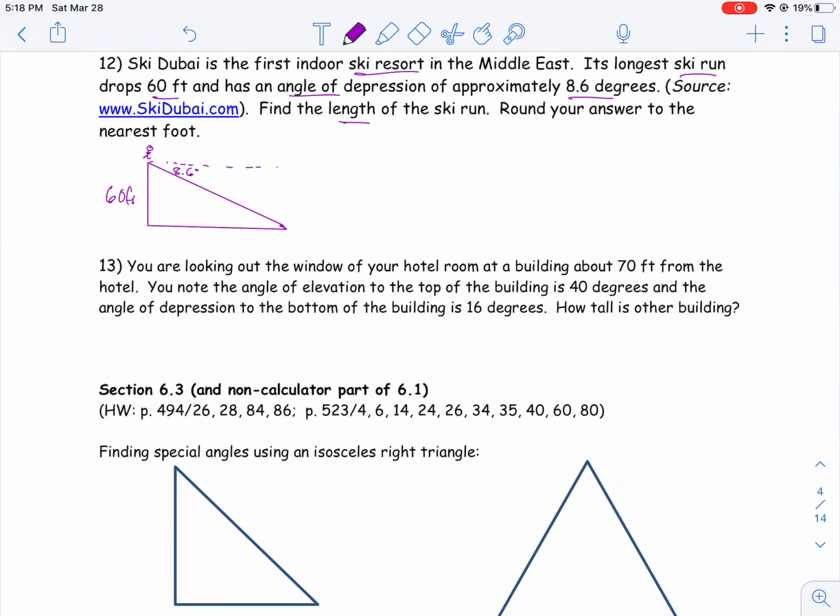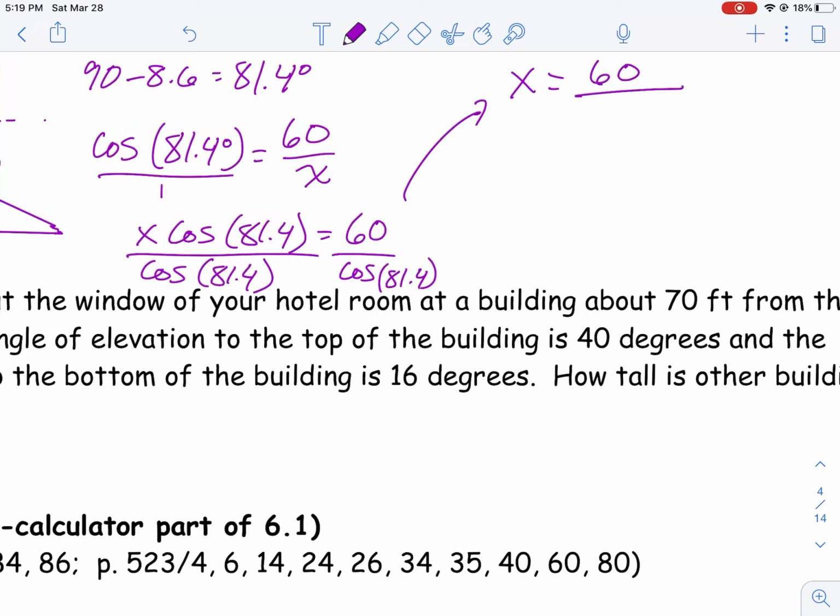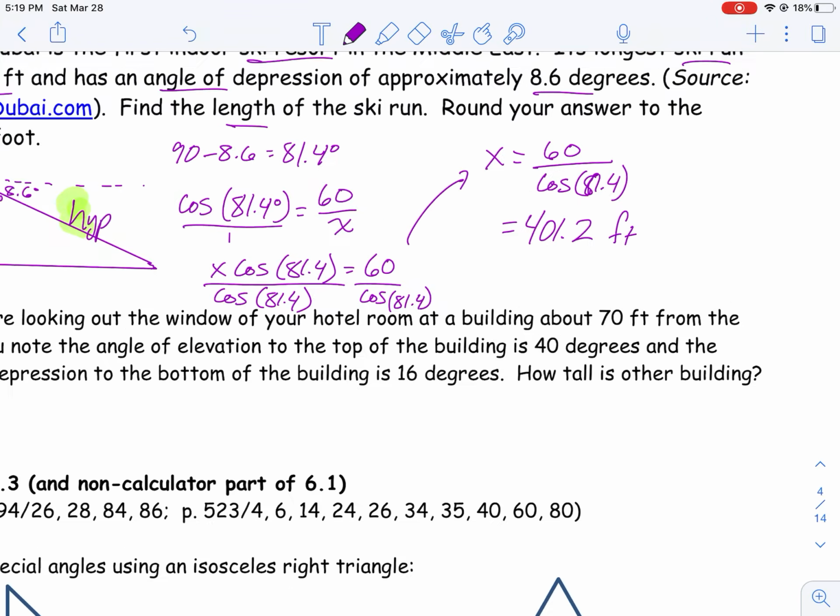And then that shows you that x equals 60 divided by cosine of 81.4. Type that in our calculator, we get 401.2. And this is feet. So the indoor ski run is 401.2 feet.